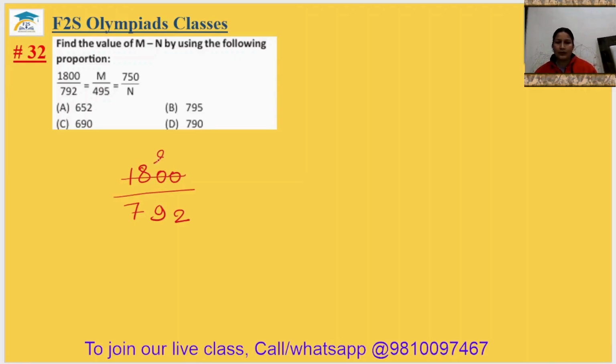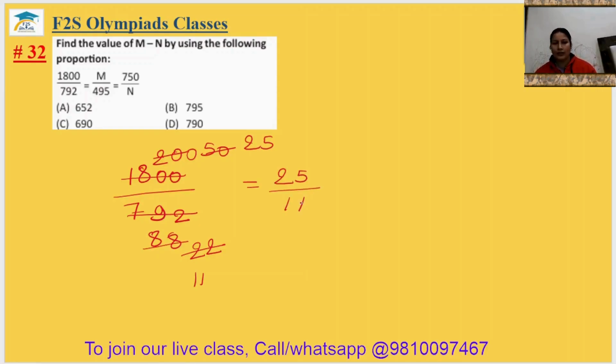Let's take 9. 9 twos are 18, 9 eights are 72. Now take 4. 4 twos are 8, 4 eights are 32... 4 fives are 20. Again we take 2. So the simplest form of this fraction is 25 by 11.